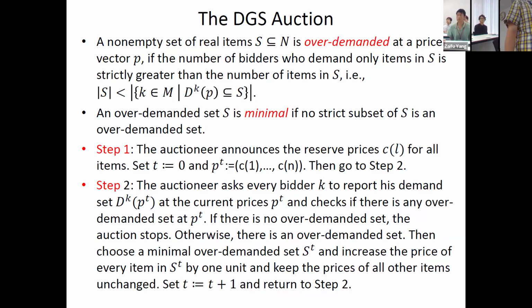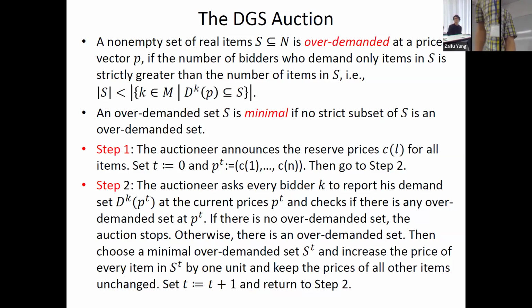Otherwise, the auctioneer calculates a minimal over-demanded set, then increases the price of every atom in the minimal over-demanded set by 1 unit and does not change the price of any other atom. Then just repeat this. This auction will find the minimum Walrasian price vector in a finite number of steps.